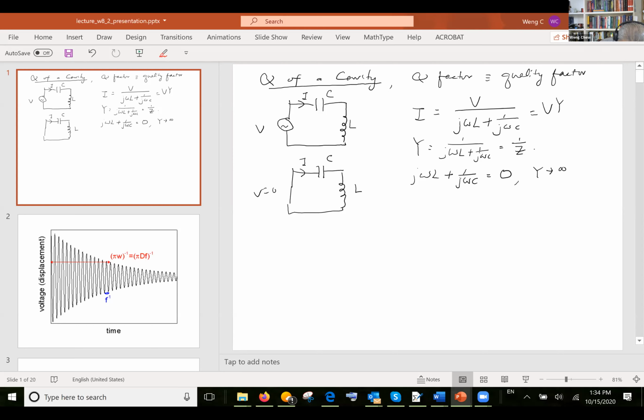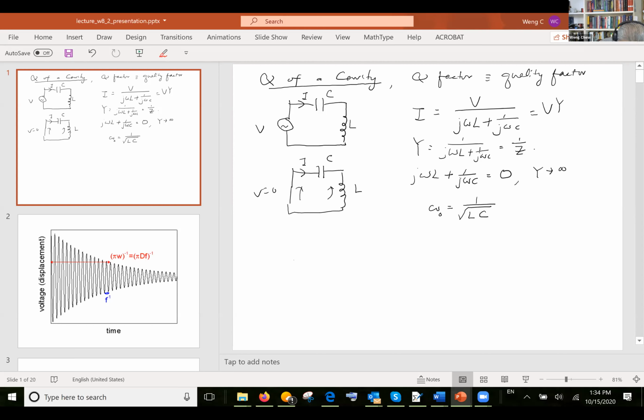And V equal to 0, and yet you can have a current flowing in this circuit, and that is called the resonance current. And this happens when this is equal to 0, and you can easily show that this happens at omega naught equal to 1 over square root of LC. Okay, and that happens, then the current just sloshes back and forth between the inductor and the capacitor with this exchange of resonance energy.